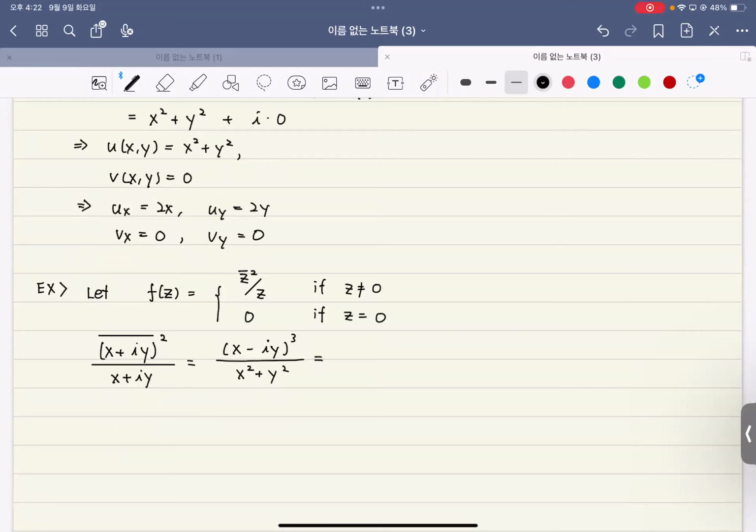Therefore, taking the real and imaginary part of this expression, x to the third minus 3 times x y squared, and right, plus minus 3 times x squared y plus y to the third.